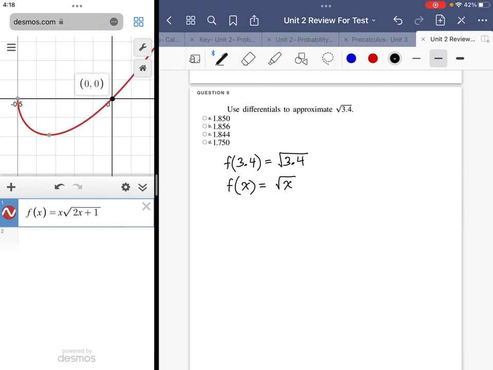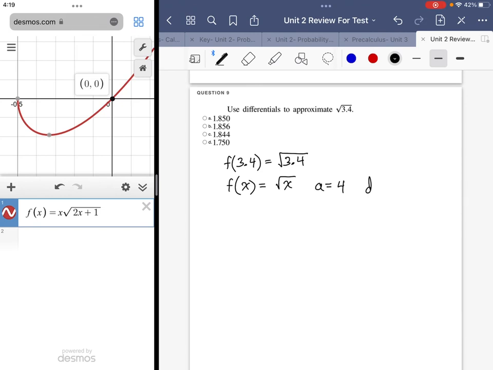All right, so what we do is we choose a nice value near this number, the 3.4, and we let that be equal to the a value. A nice value related to a square root near 3.4 would be 4. Now a differential is really saying we're going to find the derivative, but we need to determine what the difference is between our nice number and the given value.